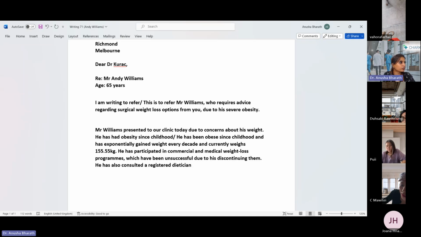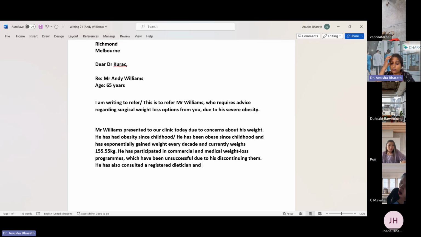And what else are you going to talk about? He has also consulted a registered dietitian and he was also reluctant to consider surgery due to the bariatric complications.